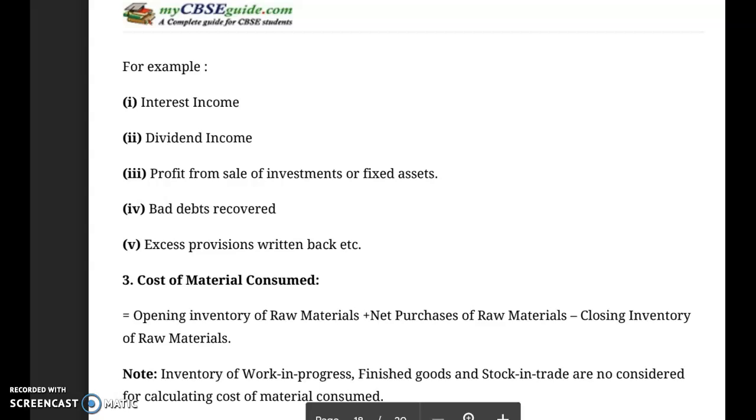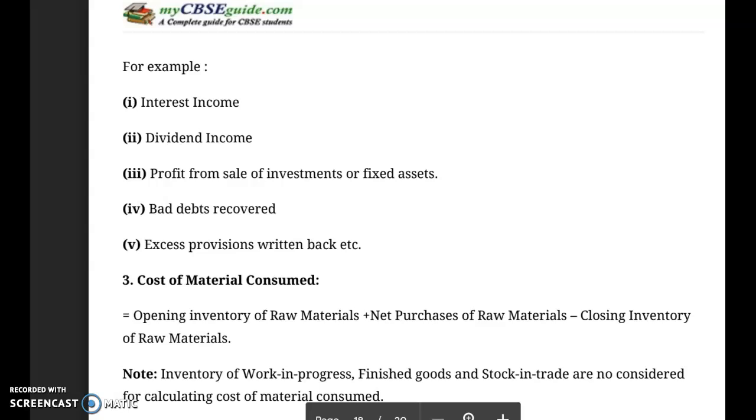From previous year experience as well as previous year question papers, you would notice that in most years in the examination, CBSE has asked for the presentation and preparation of the financial statement of a company, mainly the balance sheet.